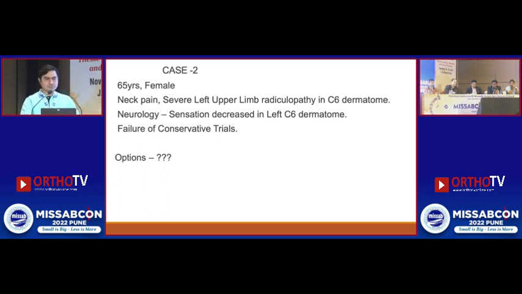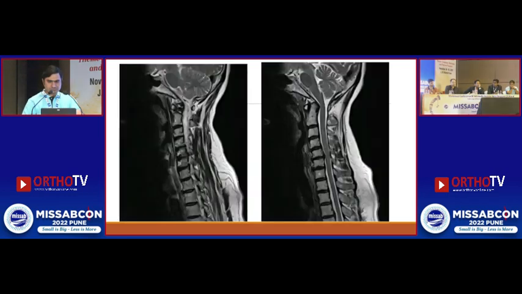Okay, so this is the second case. She's a female of 65 years, having severe neck pain and left upper limb radicular pain in the C6 dermatome. Neurologically, power is intact, but sensations are decreased in the left C6 dermatome, and all conservative trials have failed. This is the MRI.